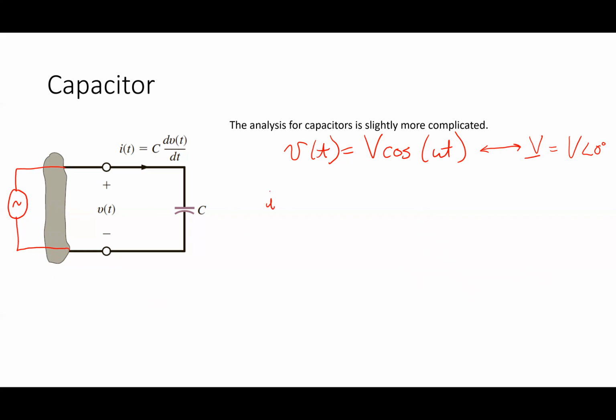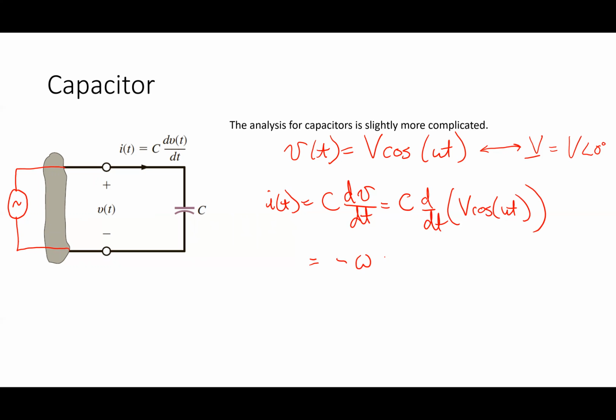So I of t equals C dV dt, that's C times d by dt of V cosine omega t. Help me out with that. What's the derivative of V cosine omega t with respect to time? Negative omega V sine omega t. Yep, that's right.